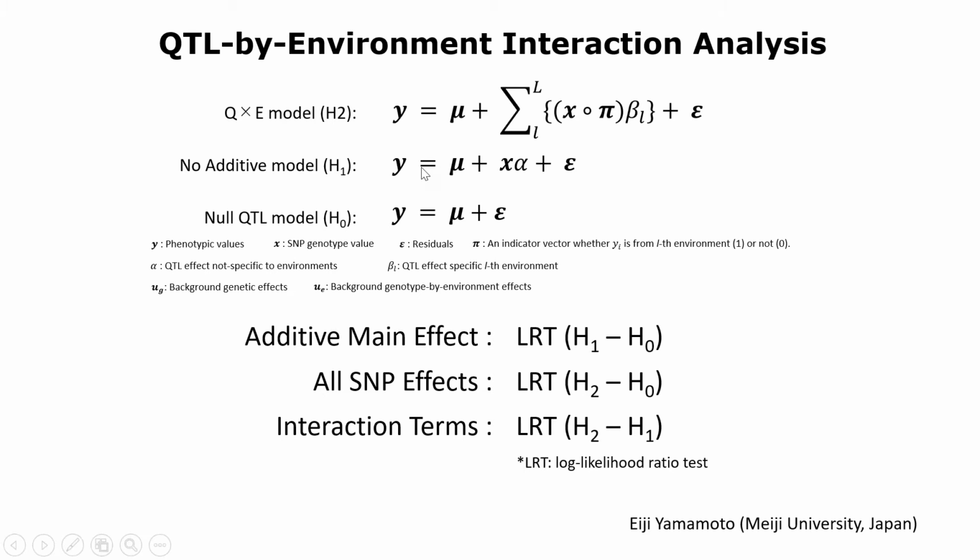The Q by E interaction model is carried out with the additive main effect, the SNP effect, and the interaction terms. Since we conducted our experiment in different environments, we want to see how the different alleles behave in the different environments.